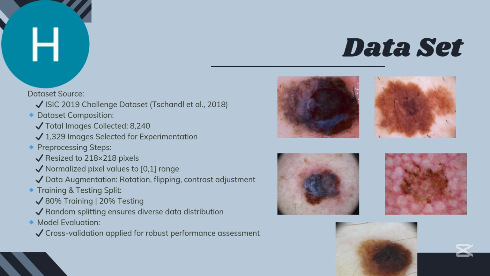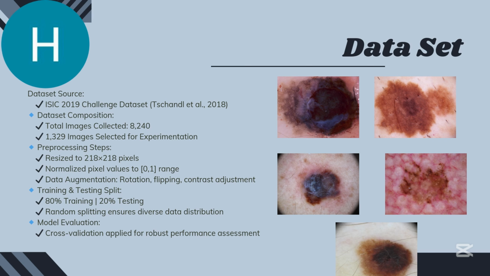The dataset used in the study comes from the ISIC 2019 Challenge dataset, a well-known collection of dermoscopic images used for skin lesion classification. This dataset is crucial for training deep learning models to differentiate between benign and malignant skin conditions. From the original 8,240 images, we selected 1,329 images for experimentation.